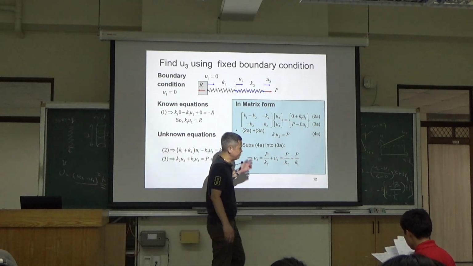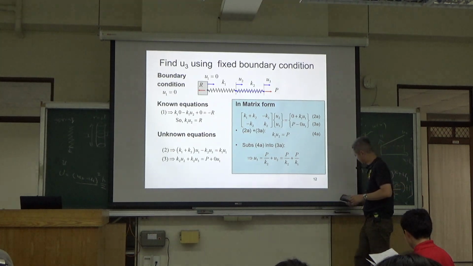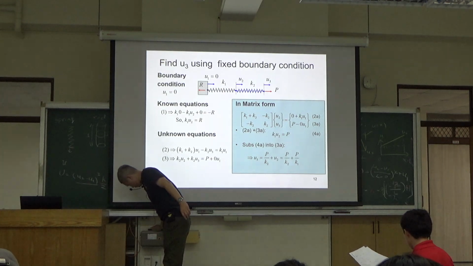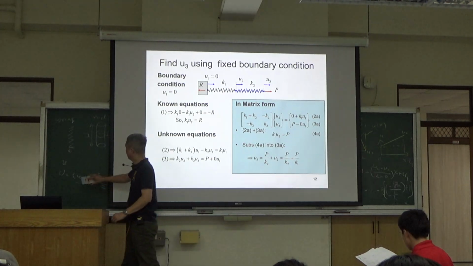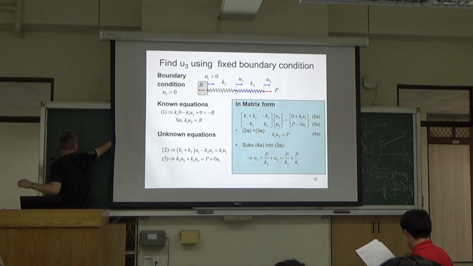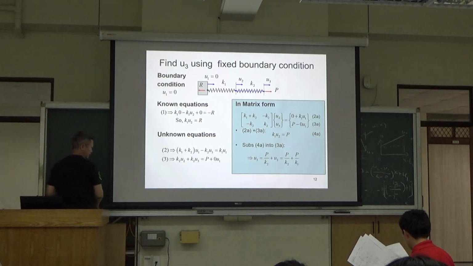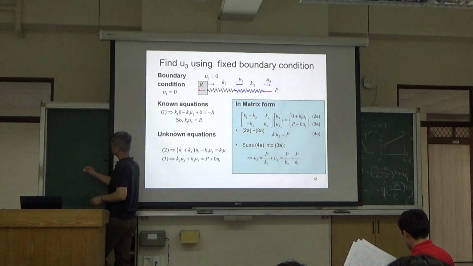But to give you an idea how the solution is done, I think we better go through this simple example. The first thing I'm going to solve, this 2 by 2 matrix, these 2 simultaneous equations, is by Cramer's rule, and then later I'm going to show you Gaussian elimination. Okay, you have this solution.